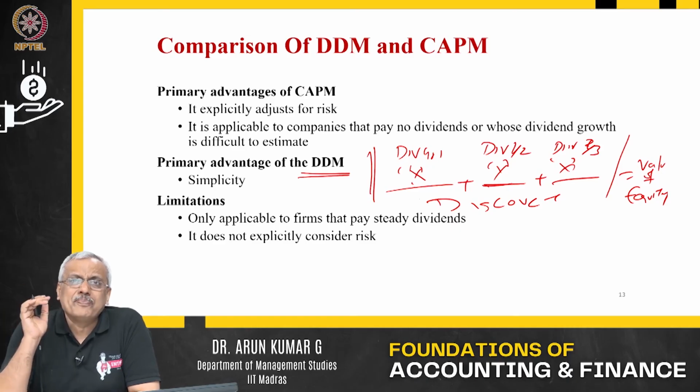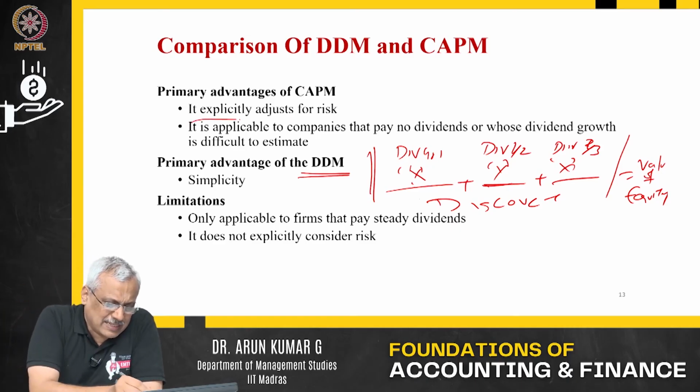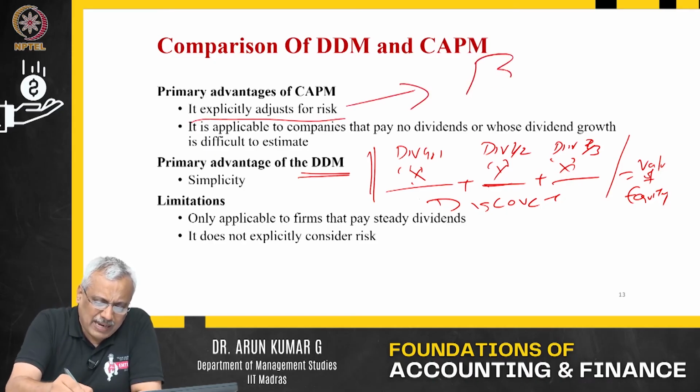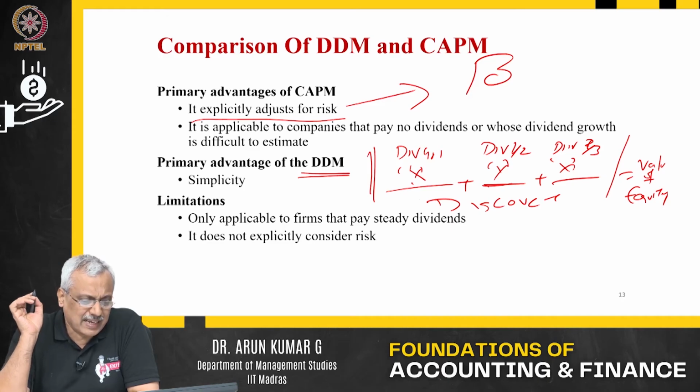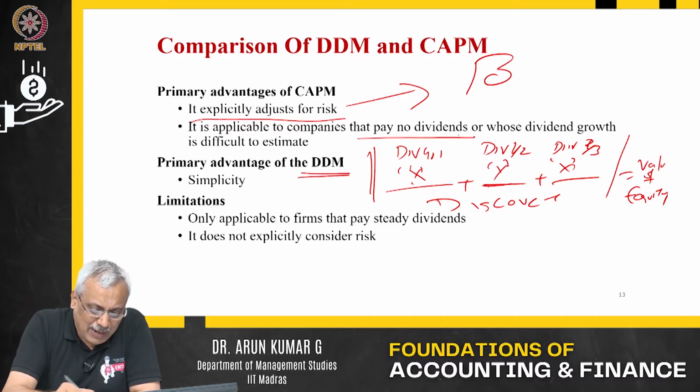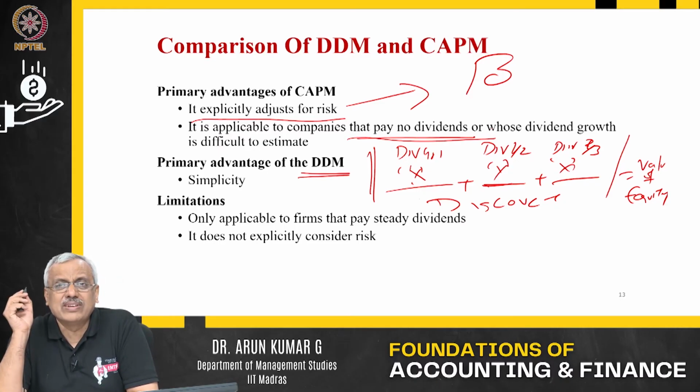Whereas when you take CAPM, it explicitly adjusts for the risk. How? By beta. By beta, it explicitly adjusts for the risk, and it is applicable for companies that pay no dividends. Many companies don't pay dividends, they retain, they keep reinvesting.